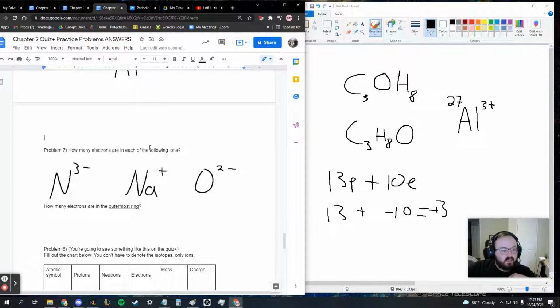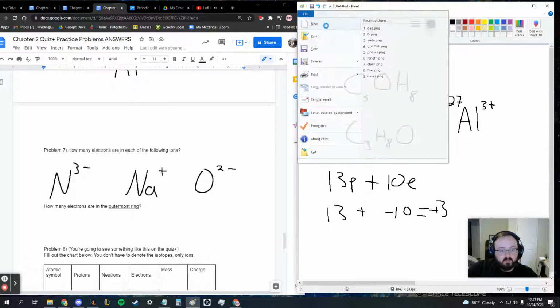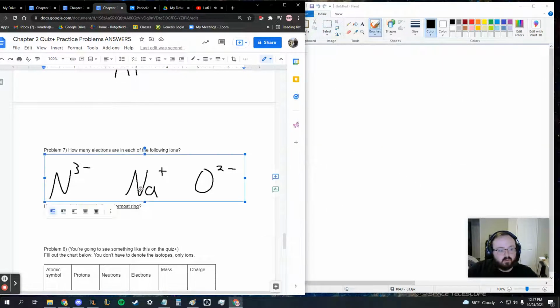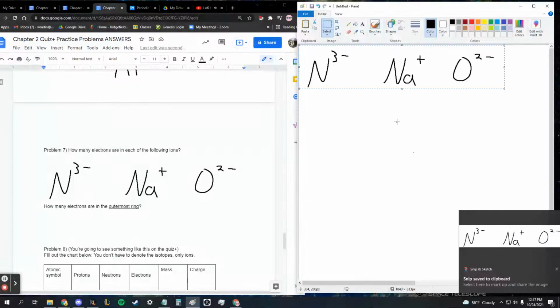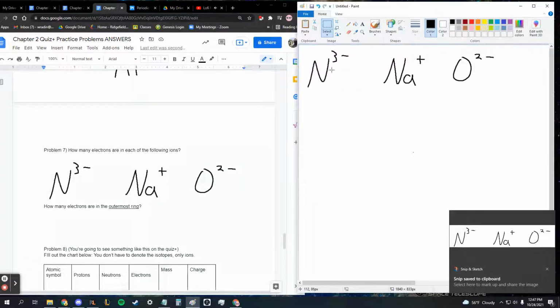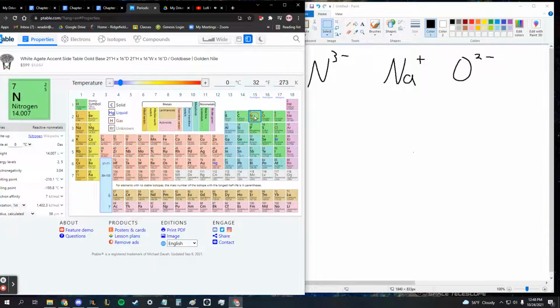So, how many electrons are in each of the following ions? You don't have to draw this out to get here. So, I'm going to basically copy this over. Oh, N3 minus. So, we know that nitrogen, right here, has 7 protons. Its atomic number is 7.